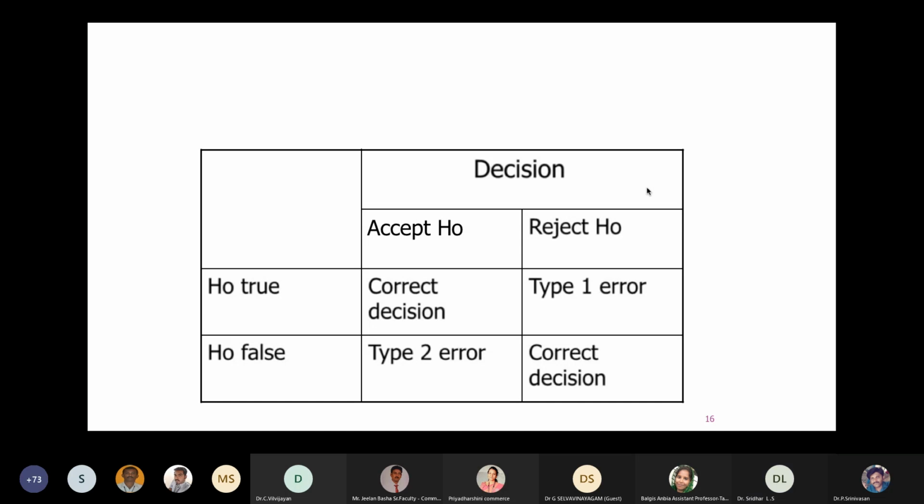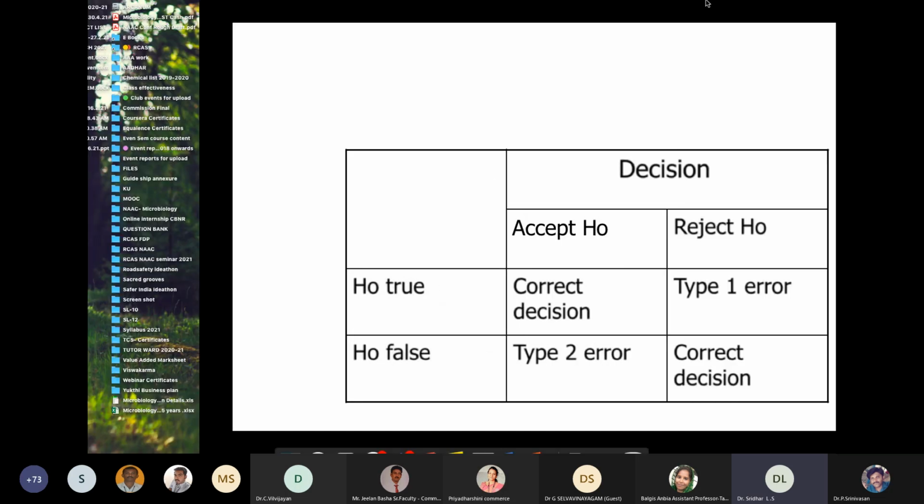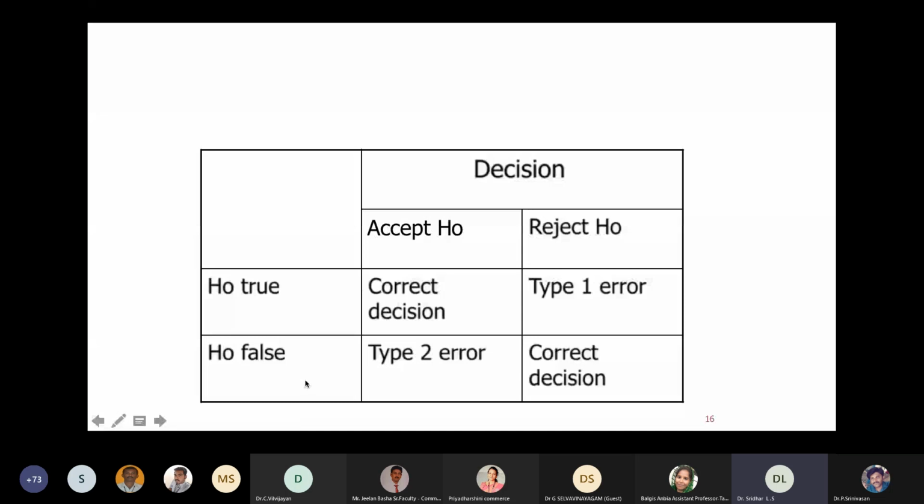When H naught is true and we accept H naught, it is the right decision. You don't need any correction here. When H naught is true but you reject H naught, it is called the type 1 error. Technically we define it as alpha, and it is the producer's risk.